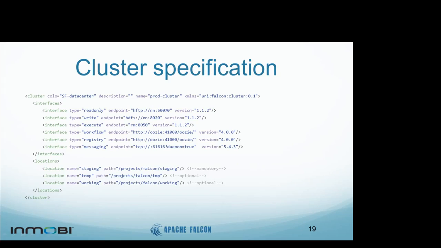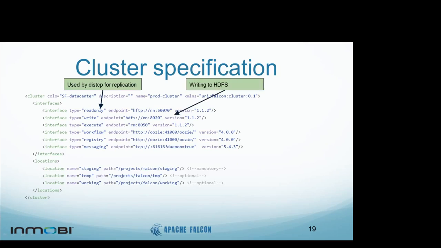I'm sorry, this is not really visible. But this is the DSL which Falcon uses. In this, we specify a cluster specification in XML. You will see that there is an interface endpoint which is used for replication. When we provide replication as a service, this endpoint is used by feeds and processes.